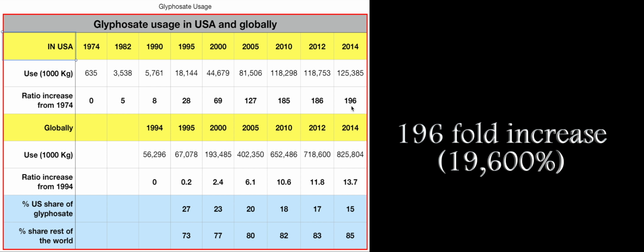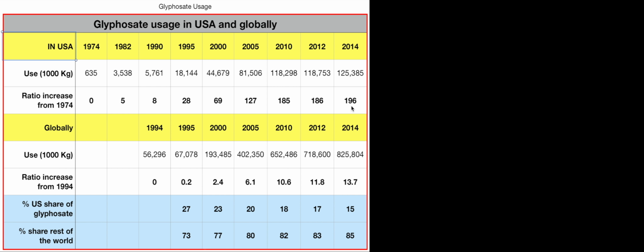200-fold is like 20,000%. So the increase in the amount of glyphosate in USA in the 40 years between 1974 and 2014 has been 20,000%.